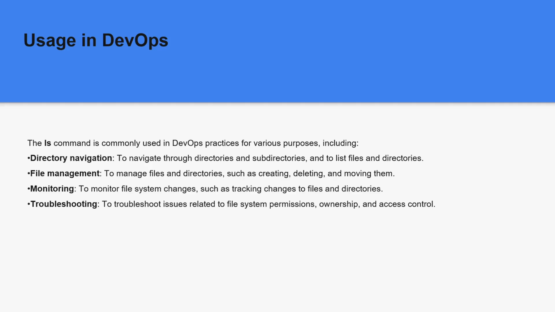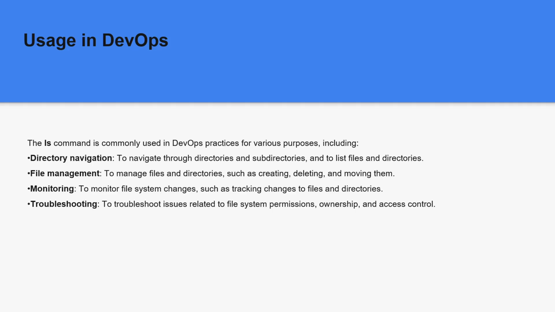So the second slide tells about the usage in DevOps. The ls command is commonly used in DevOps practice for various purposes, including directory navigation, to navigate through directories and subdirectories, and to list files and directories.